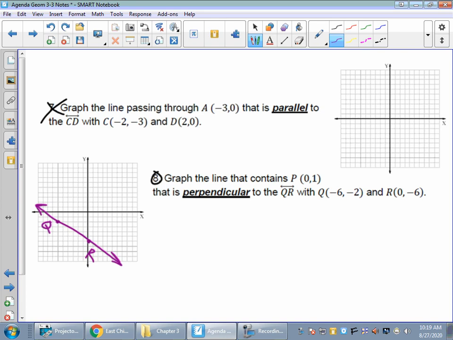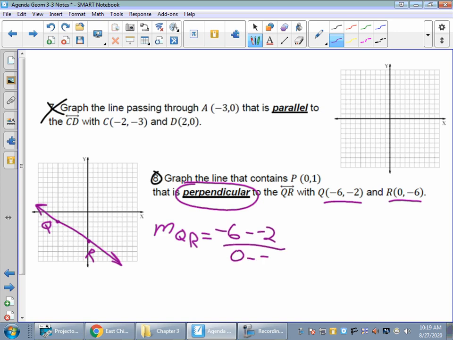So one thing I'm going to do here is, because I want to find that it's perpendicular, I'm going to have to find the slope of QR to begin with. So if I just go ahead and say slope of QR is, then I can use these two coordinates, and say, well, negative 6 minus a negative 2 over 0 minus a negative 6, that should give me my slope.